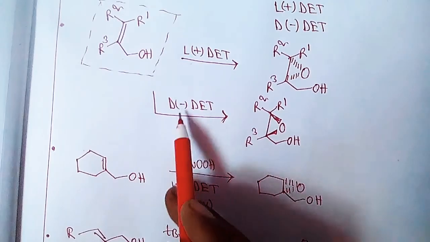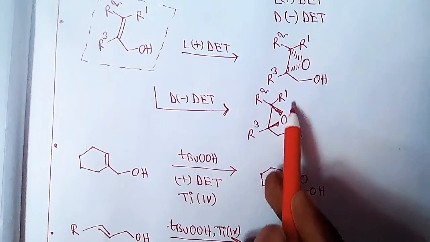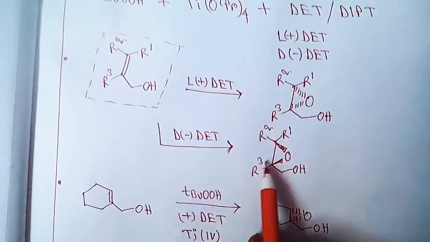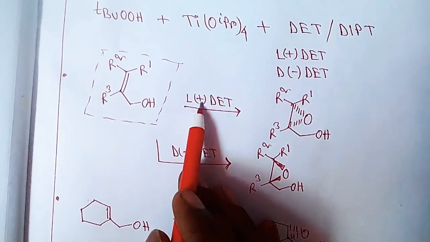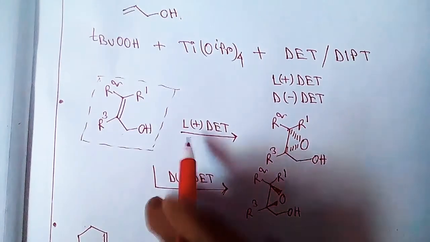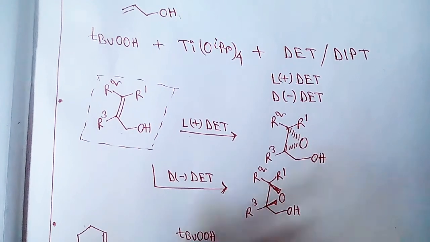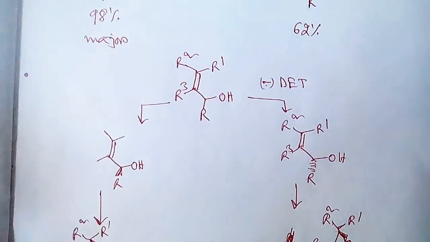If they give minus DET or D-DET, then you have to give this major product, and if they give plus DET or L-DET as the chiral reagent, then you have to give this as the major product.